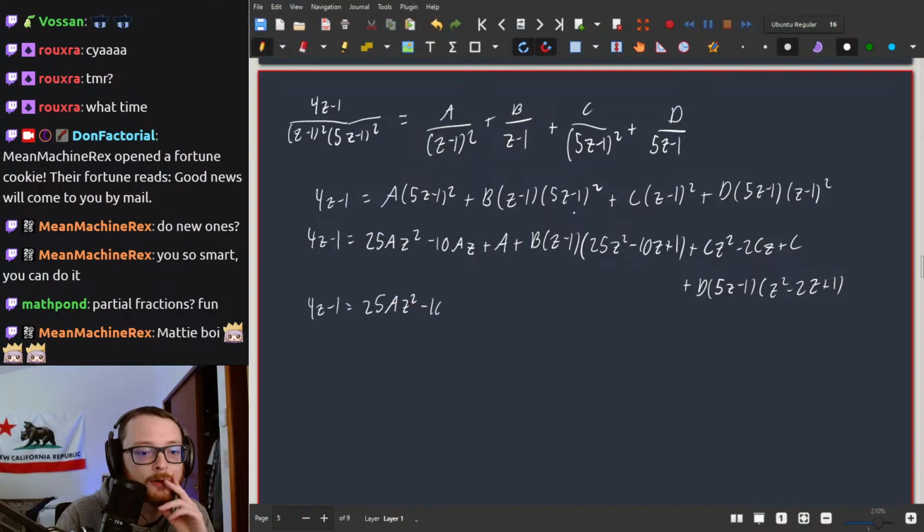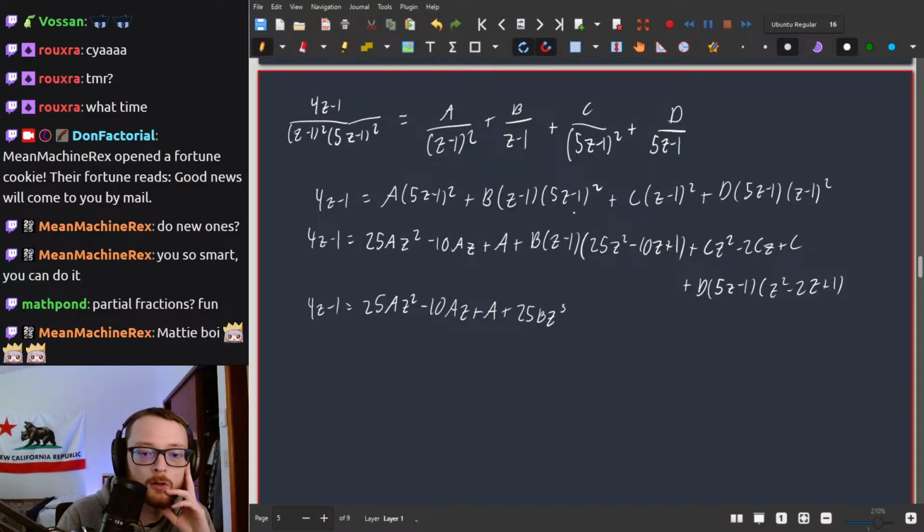25az squared minus 10az plus a. Okay, so we're going to get 25bz cubed. Where do all our squareds come from? We get a minus 10z squared. We get a plus 25z squared. No, a minus 25.